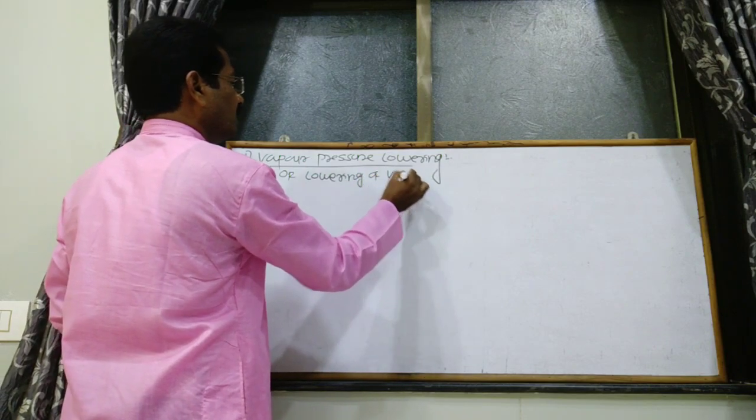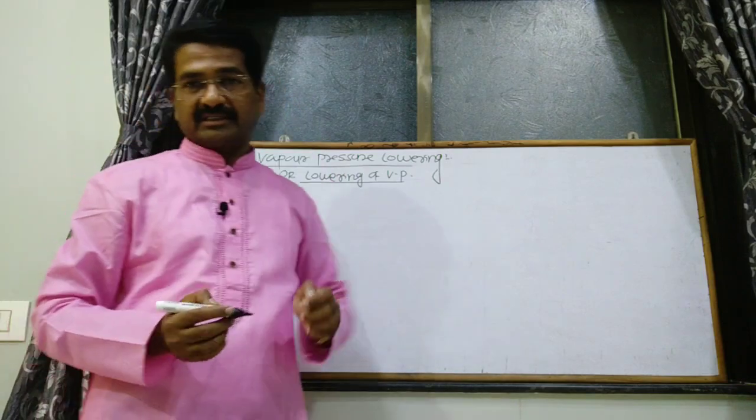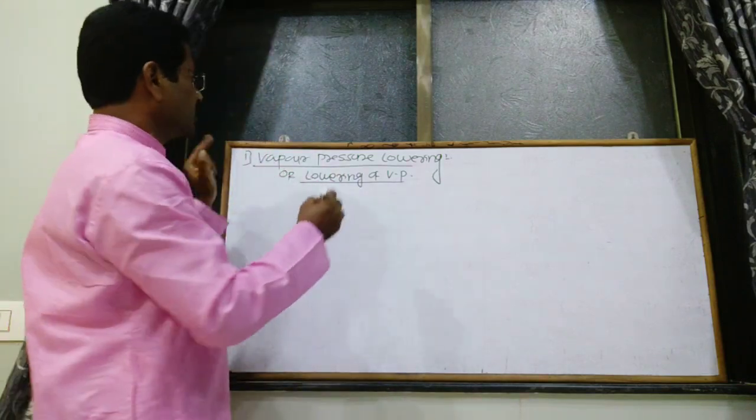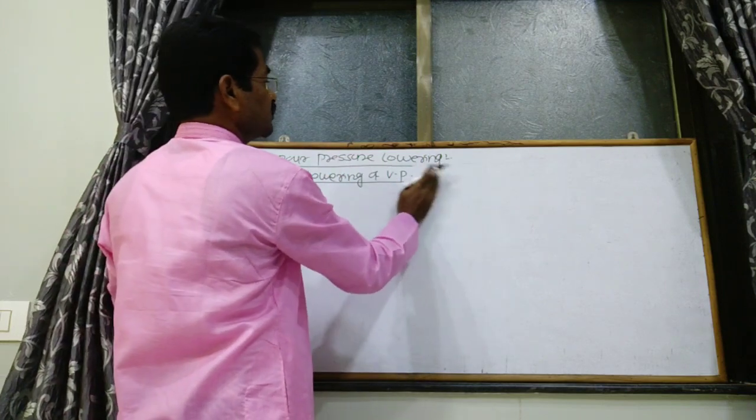Lowering of vapor pressure is the first colligative property. Understand? This first colligative property, vapor pressure lowering or lowering of vapor pressure.